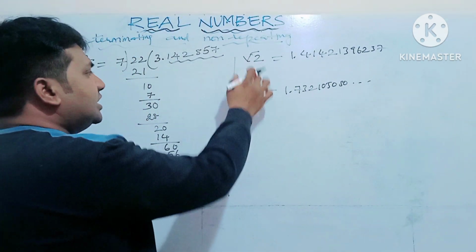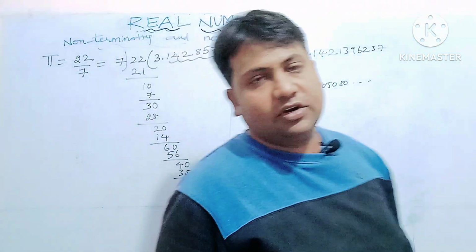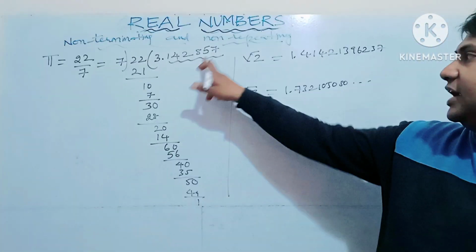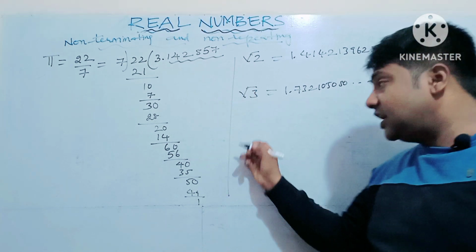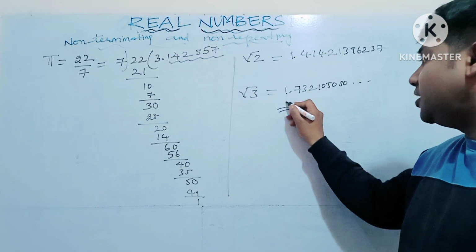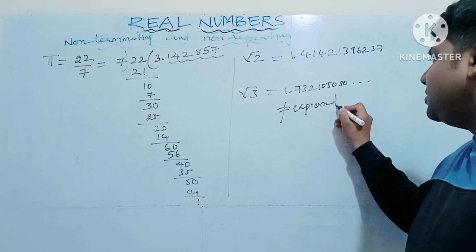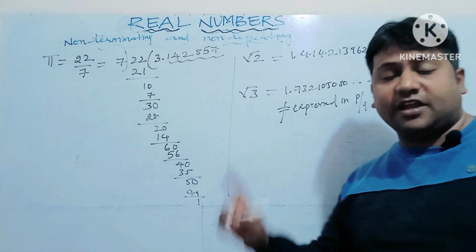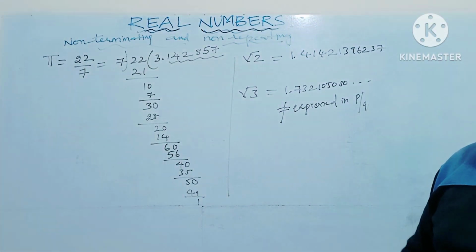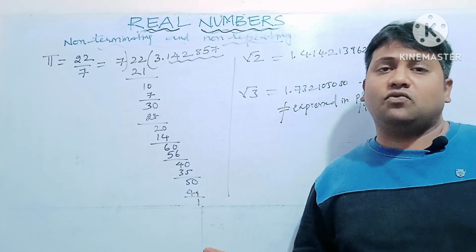In this way, these values are non-terminating and non-repeating. What are they? They are non-terminating and non-repeating decimals. So these types of fractions cannot be expressed in P by Q form, whereas other numbers can be expressed in P by Q form.